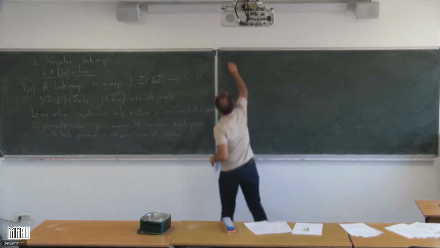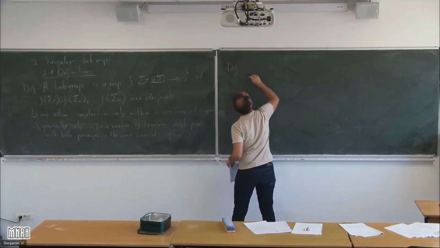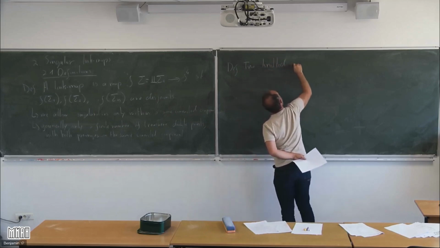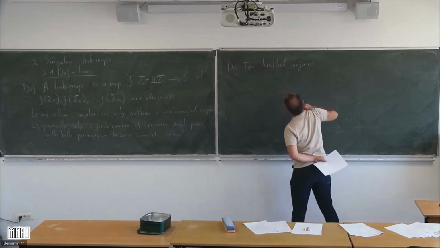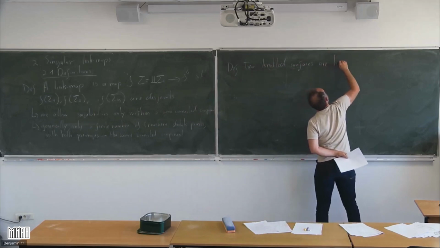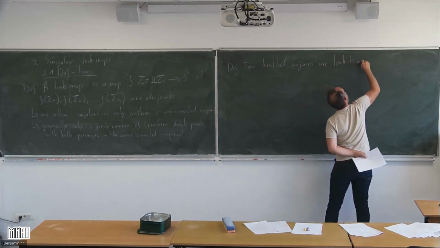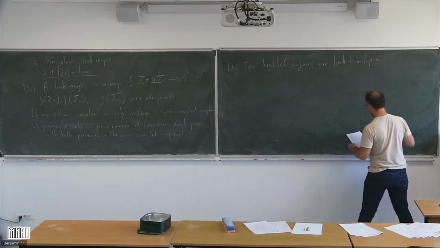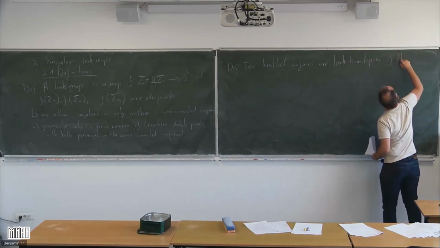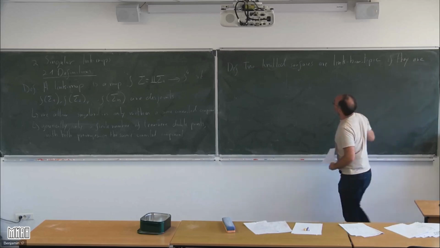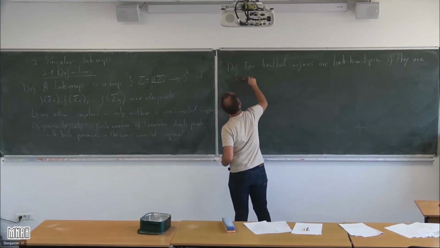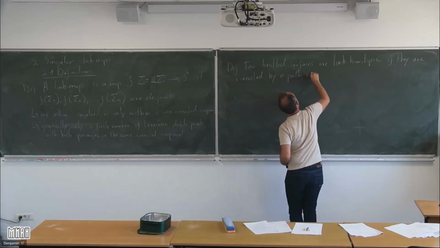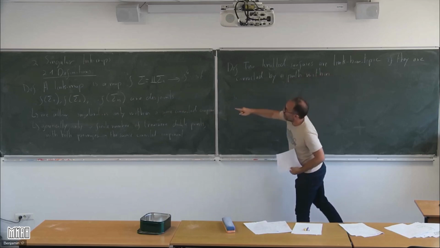And now that I have that, I can define link homotopy. Two knotted surfaces are link homotopic if they are connected by a path within link maps.